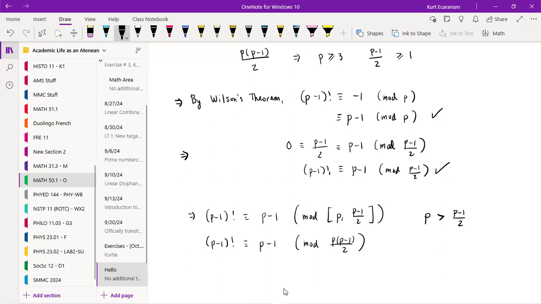And what this just means is, since p is prime nga, it is relatively prime to the numbers less than it, to those positive integers less than itself. Okay? And that includes (p minus 1) over 2, which you can locate somewhere, like in the half.